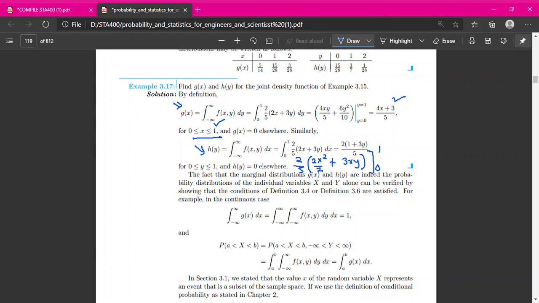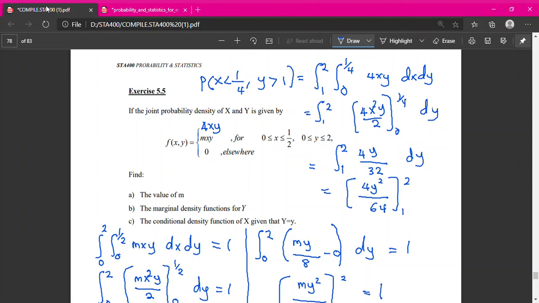Okay, so lastly, you will get this function in terms of Y. Okay, function of hY. Then, kena letakkan dia punya interval for Y. Alright, so that is the way how you find the marginal function for X and Y once we have the joint PDF function f(x,y).